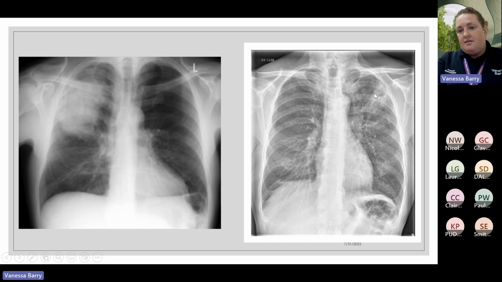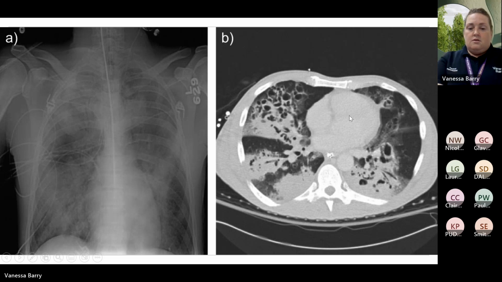You can probably see it there. You've got some small abscesses in the lung itself. Now, this is the same or a similar one in CT form, and it does look very different in CT form. Still looking here at the abscesses.